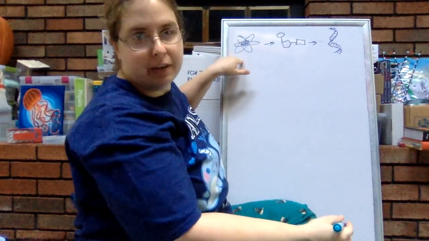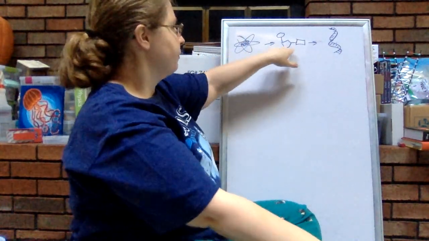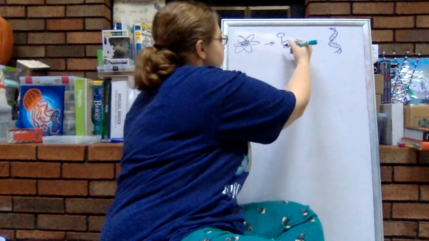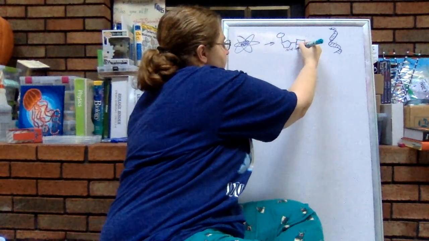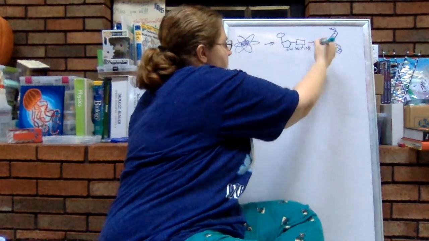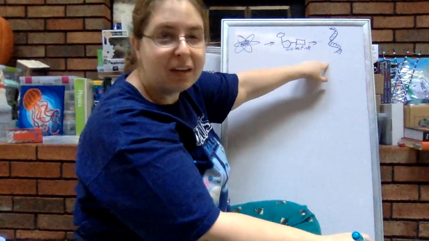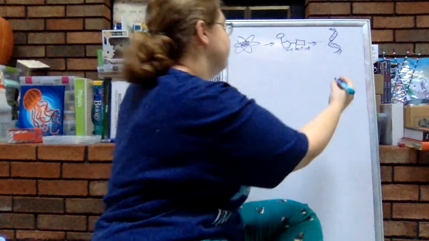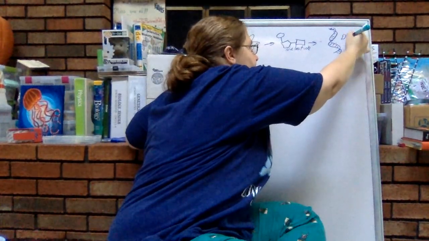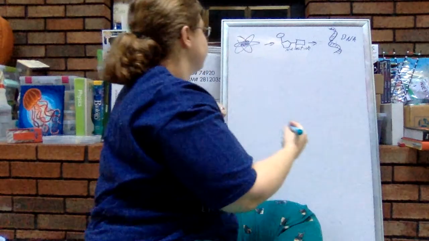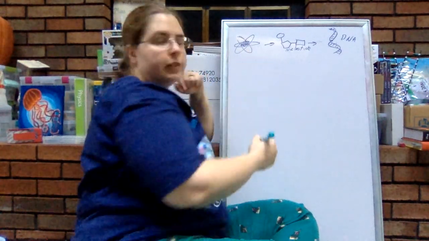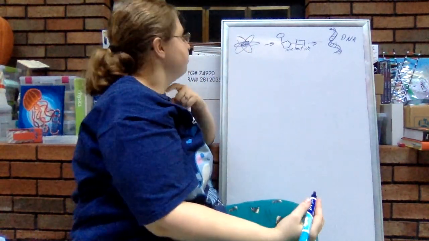So we start off with atom. Atoms come together to form molecules like this nucleotide. And these molecules come together to form macromolecules like this example of DNA. So far, so good? Excellent.